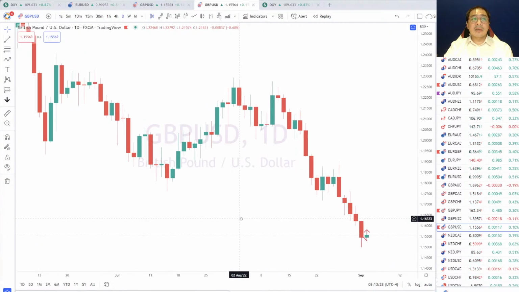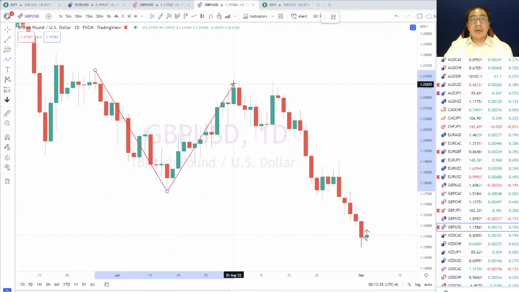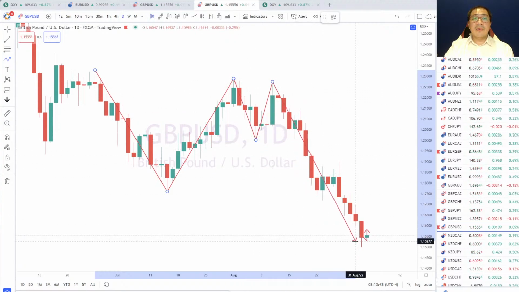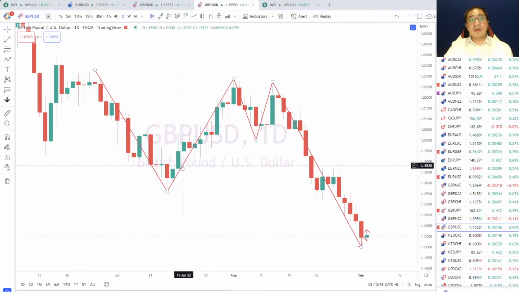But if you see a pullback in the market, for example, a move to the downside and then a pullback to the upside, which is technically a correction, and then the area where it creates an impulse or a move up, it's going to be in an uptrend within a small time frame. So this one is going to be in a downtrend on the hourly time frame. This one's going to be in an uptrend on the hourly time frame.